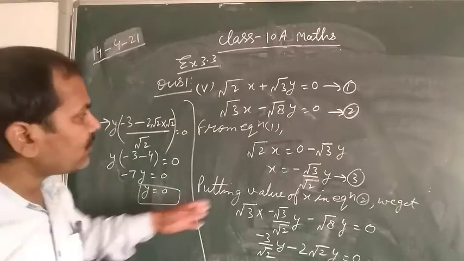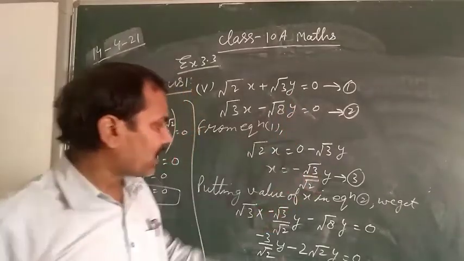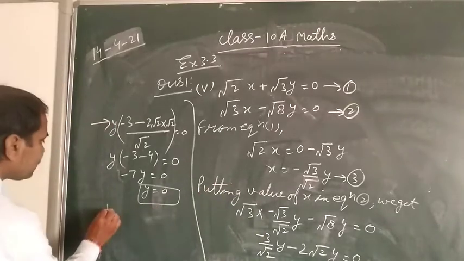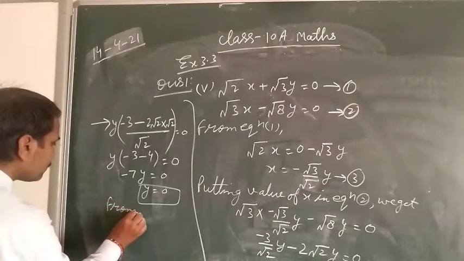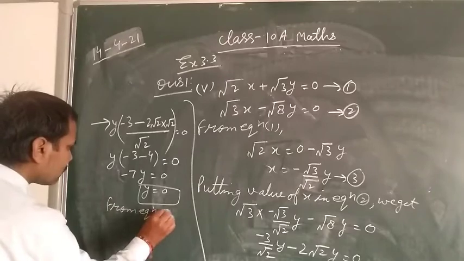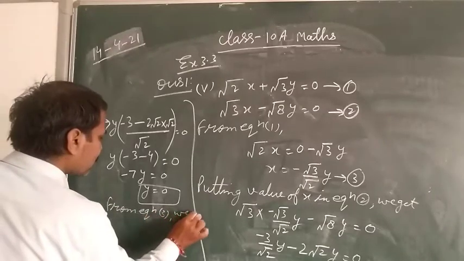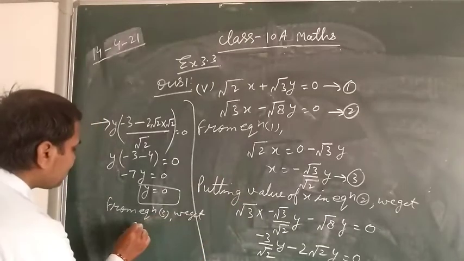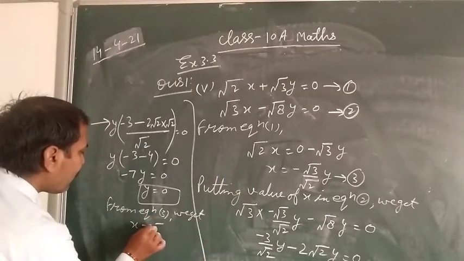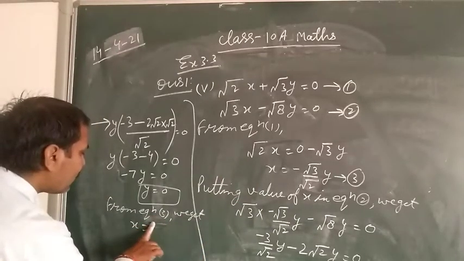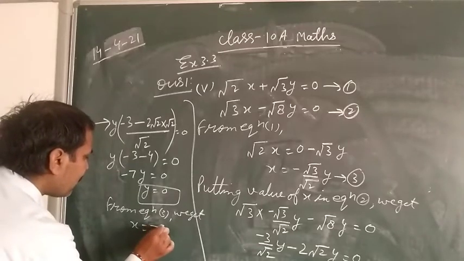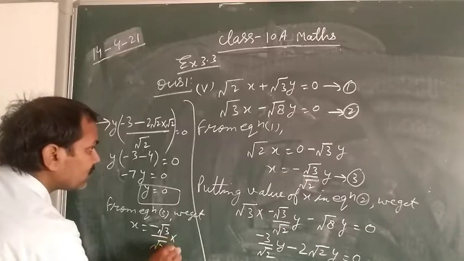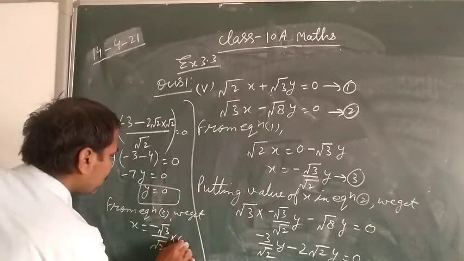Then putting the y value in any equation, first, second or third, you can find x. So from equation third, we can get x is equal to minus under root 3 upon under root 2 into y, that is 0.